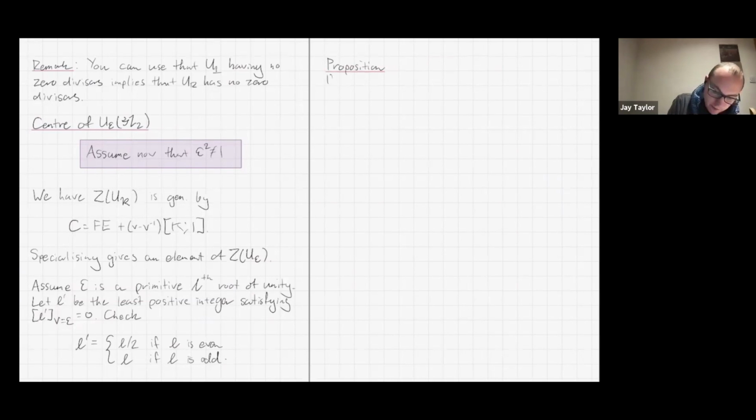Just recall, if G is SL2, then E^l', F^l', and K^l' are all elements in the center of the specialized algebra.